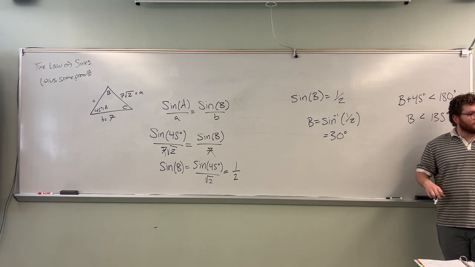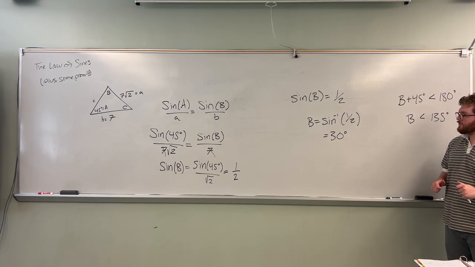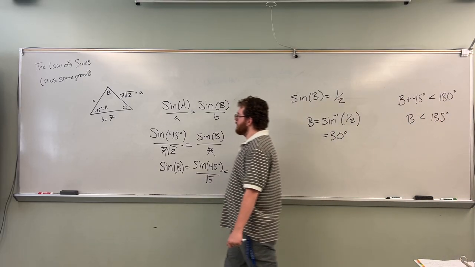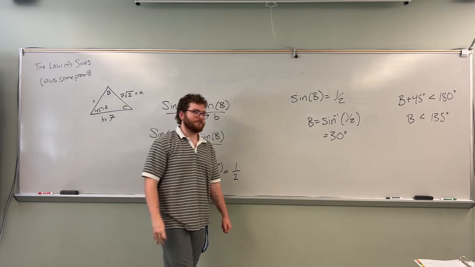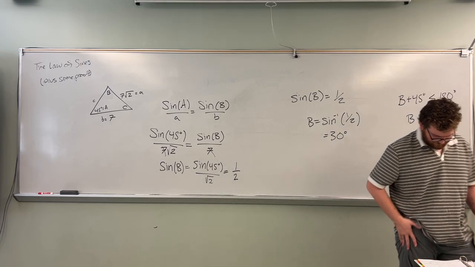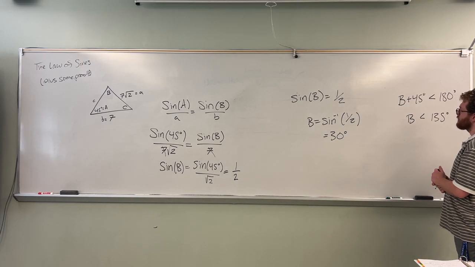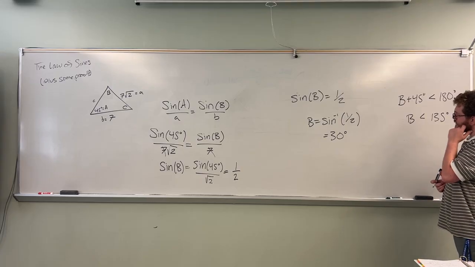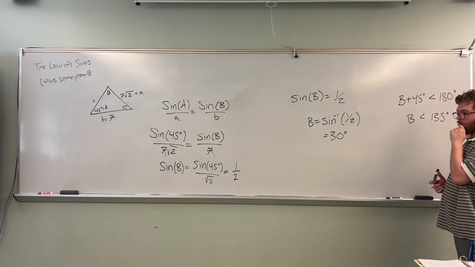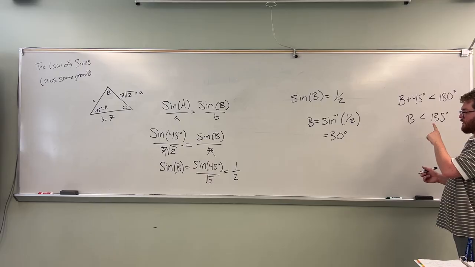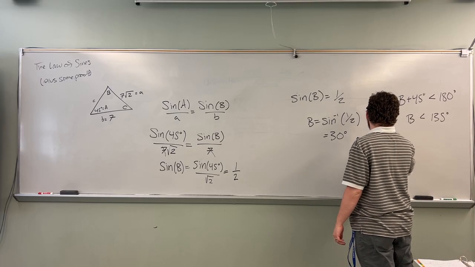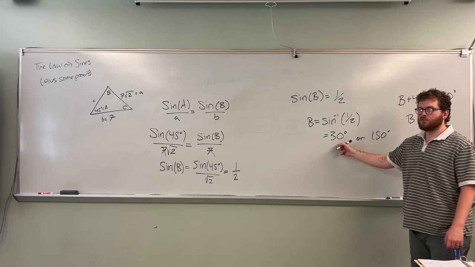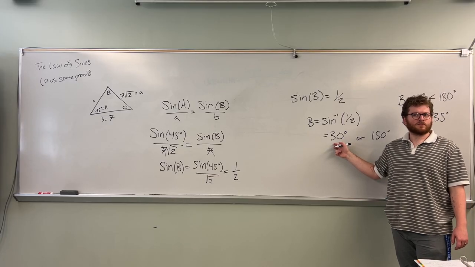There is another angle which does this, which is 150 degrees, but I know that my answer can't be 150 degrees, because then 150 plus 45 is 195, and I no longer have a triangle. It's 30, or 150 degrees. But 30 is the one I had to pick to make this answer make sense.